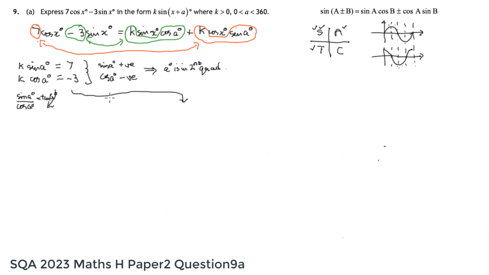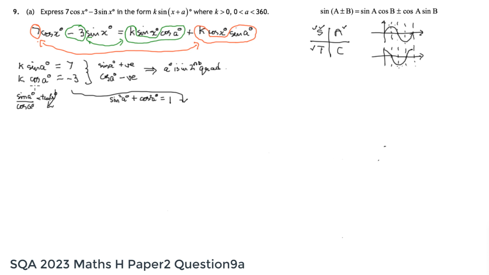The other one that we're going to be using is sine squared A plus cos squared A is equal to 1. So two formulae, we'll use each of them.